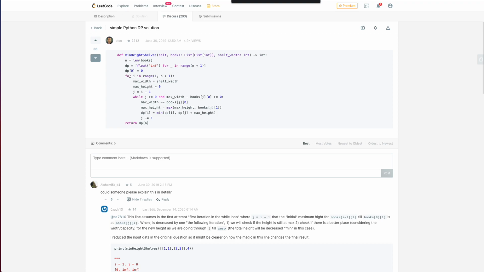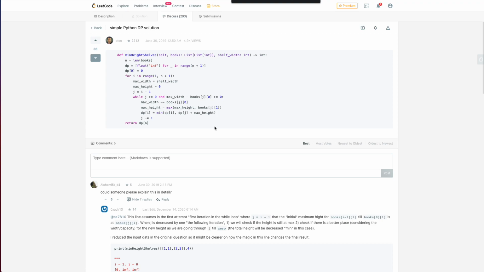So for any given book I look backwards for all the books before, and as long as the width is greater than or equal to 0, then we subtract that, and then the max height is the max of the max height, comma, books of J1.